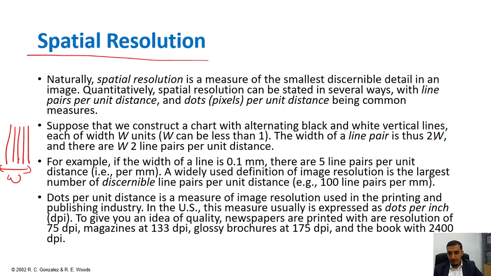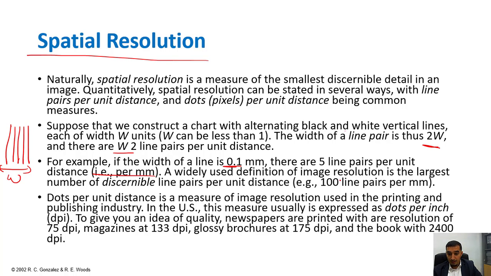The width of a line pair is 2W, and there are 1 over 2W line pairs per unit of distance. For instance, if my width is 0.1, then 0.1 plus 0.1 is 0.2, and this will give you 5 line pairs per unit of distance.